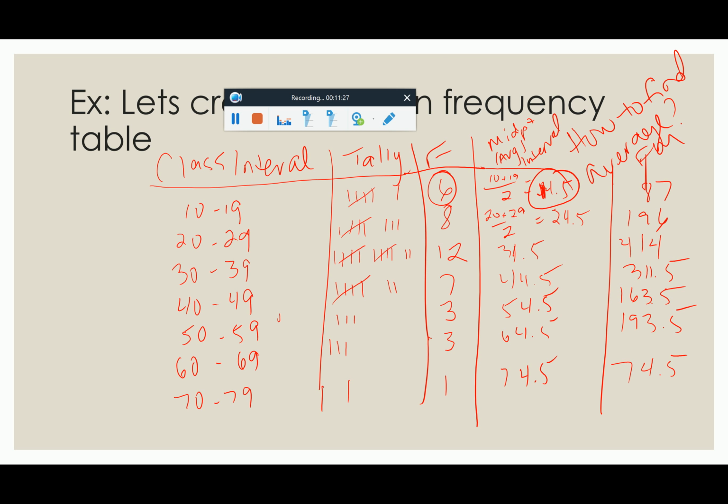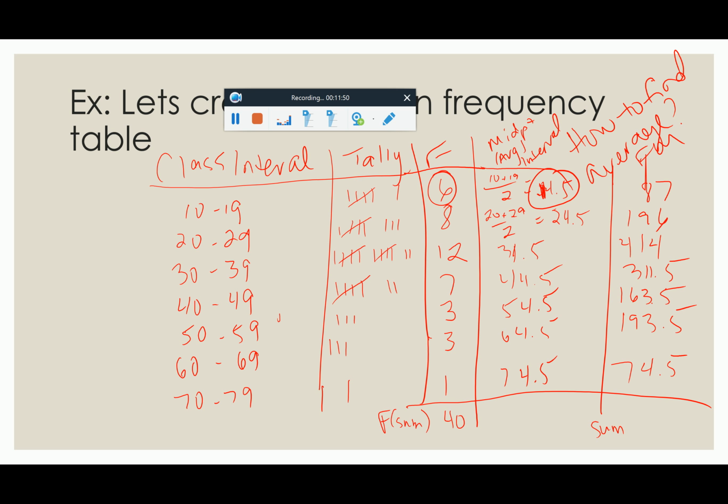Okay, and then the next step is you take the sum of your frequency and the sum of your products, and then you divide them. So 6 plus 8 plus 12 plus 7 plus 3 plus 3 plus 1.